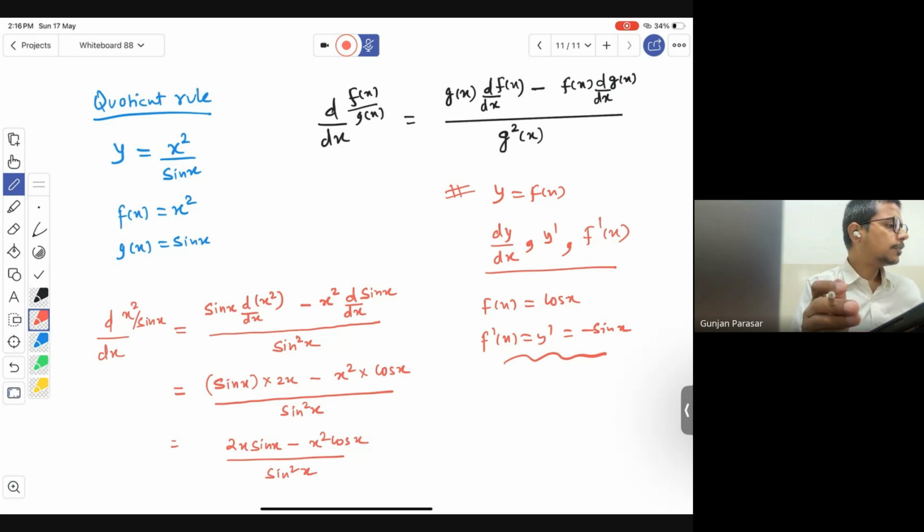Dash means differentiation. Whatever we have done till now, that much only will be coming in the upcoming test.